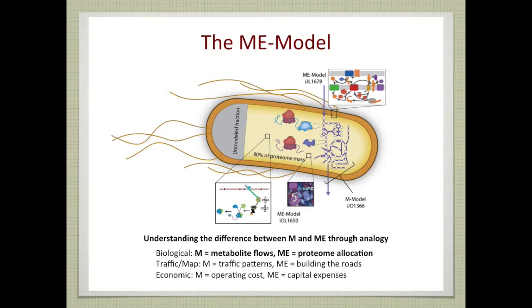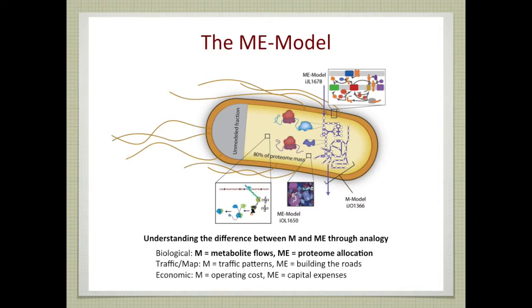So at the bottom of this slide, I think are some interesting explanations of what the difference between an M and an ME model is. So I like the economic or the business interpretation of this. An M model calculates for you the OpEx for running a particular phenotypic state.